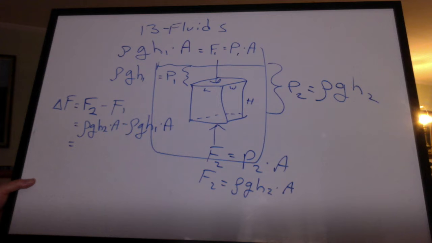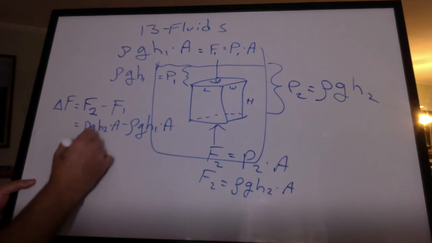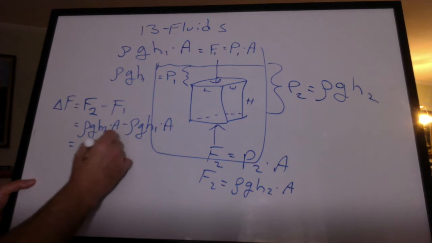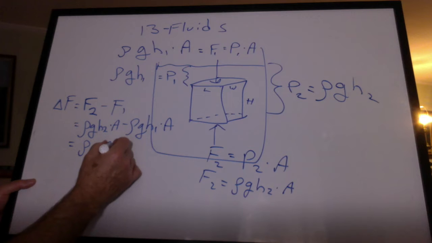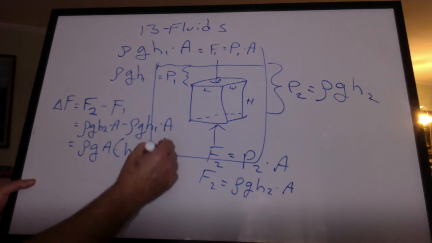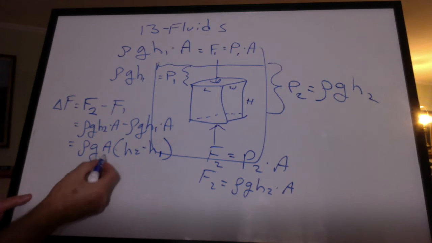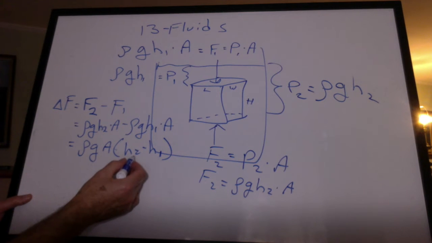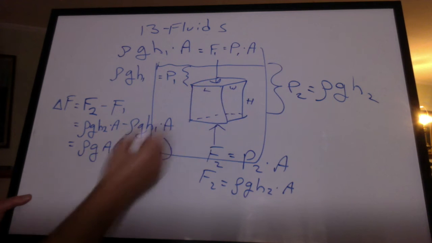There's a lot of stuff that we can factor out here: rho g times the area, times the quantity H2 minus H1. Area times the height. This is this height, that's capital H.